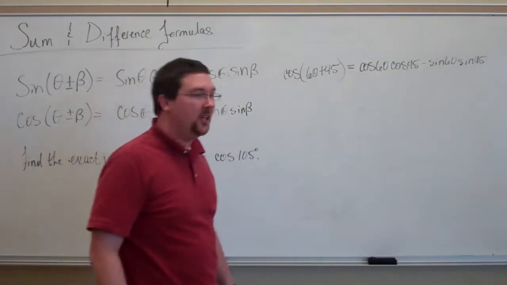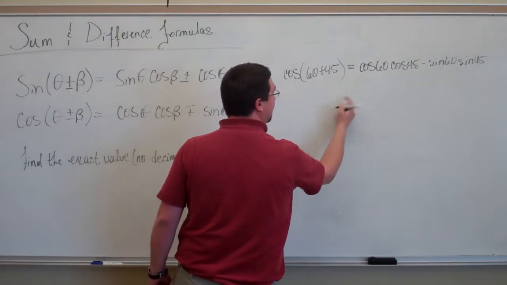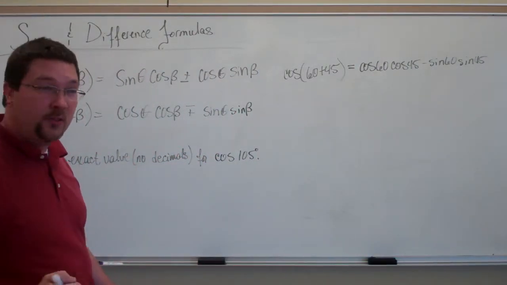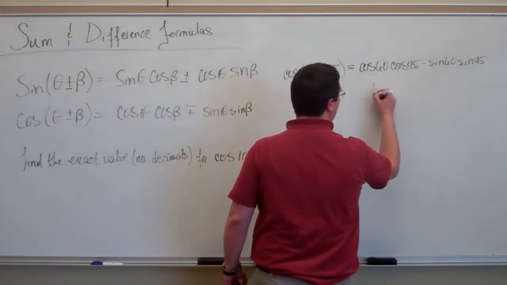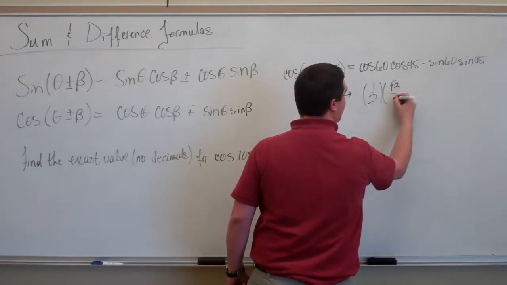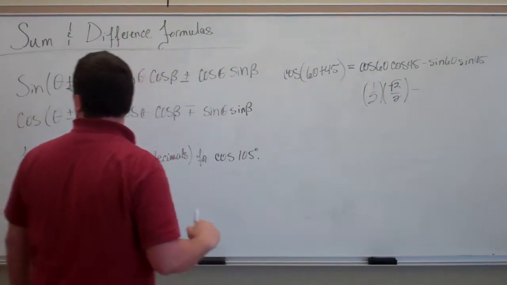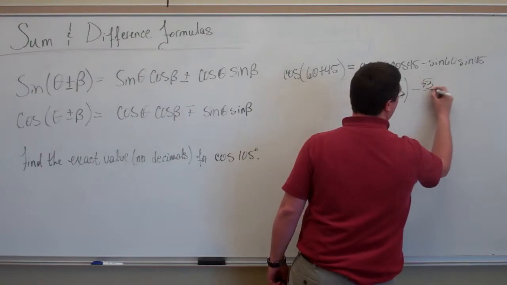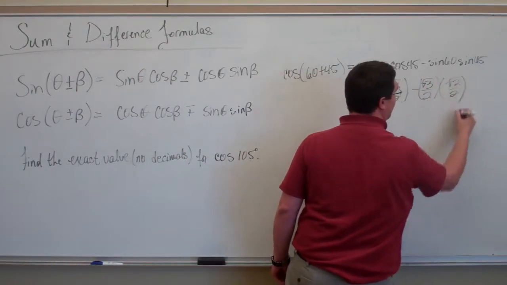Hopefully that all stayed in the camera. Okay? So now let's do the cosine of 60. Cosine of 60, if you look it up on your chart, 60 is pi over 3. It's going to be 1/2. Cosine of 45, it was in the last problem, square root of 2 over 2, minus the sine of 60, which is square root of 3 over 2, times the sine of 45, which is the square root of 2 over 2.